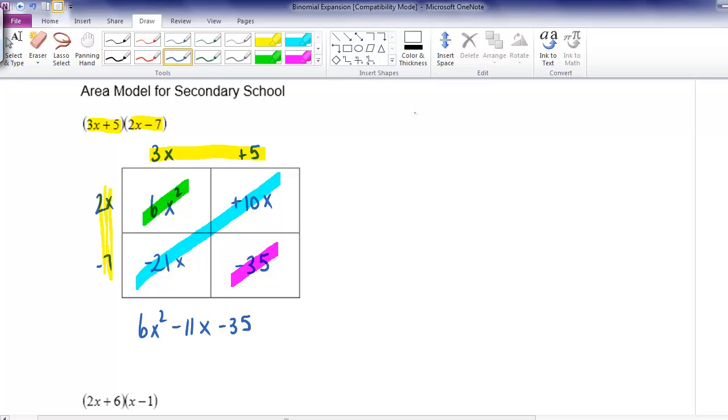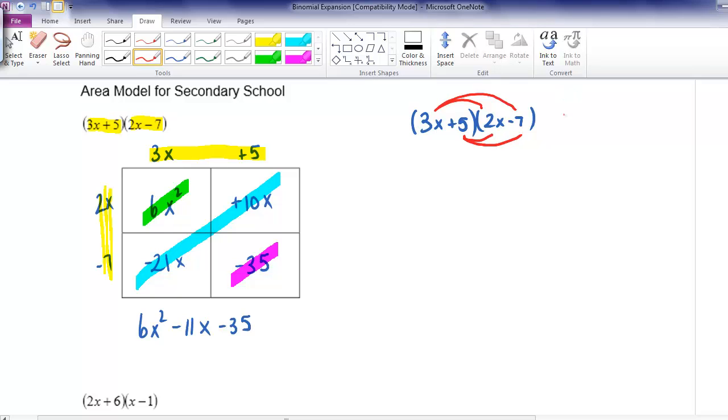Now, if we were going to use the go fishing analogy that you might have learned in grade 8, or grade 9, here's what that would look like. We're going to multiply 3x times everything in there, and we're going to multiply this everything in there.